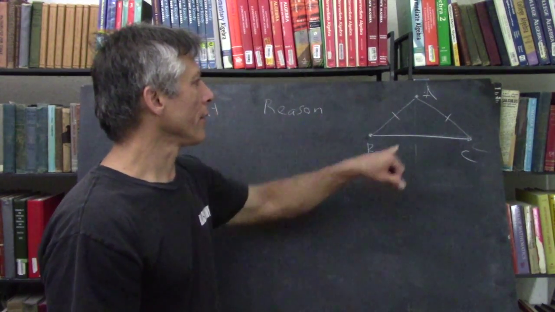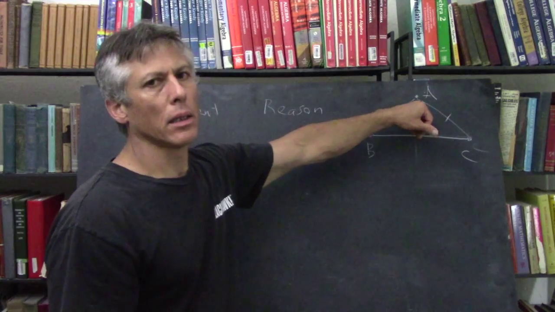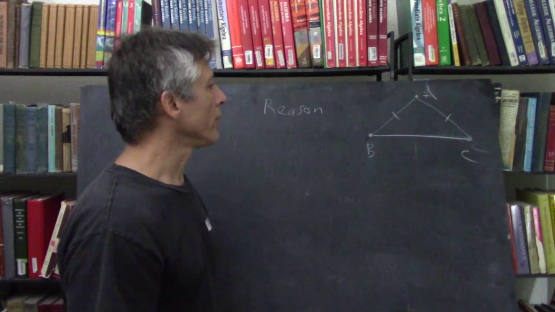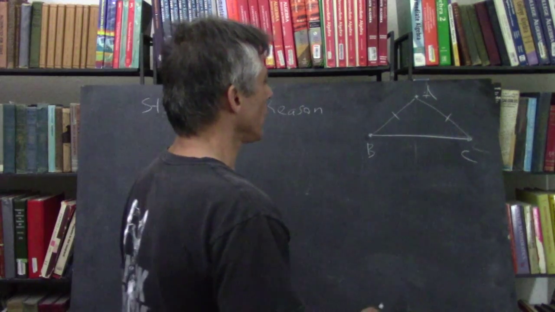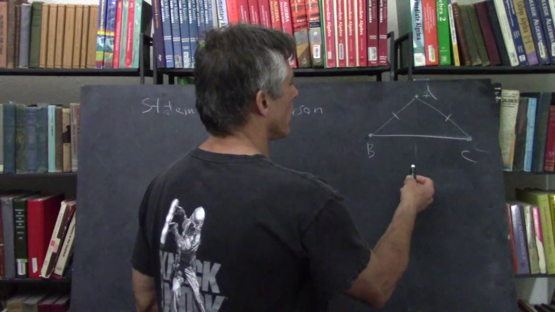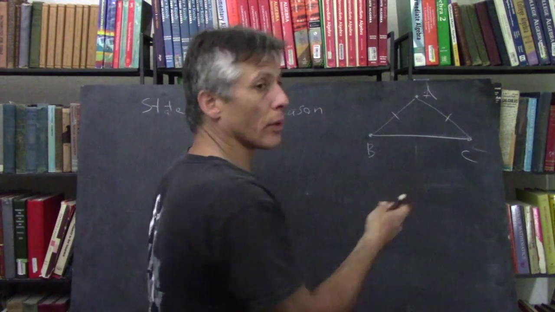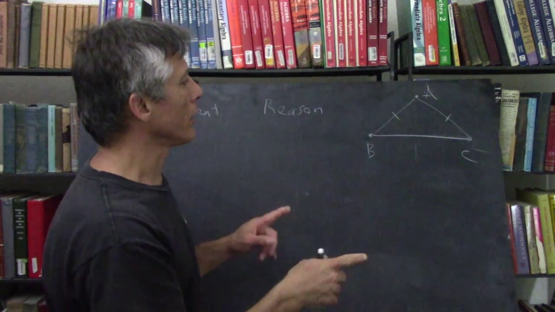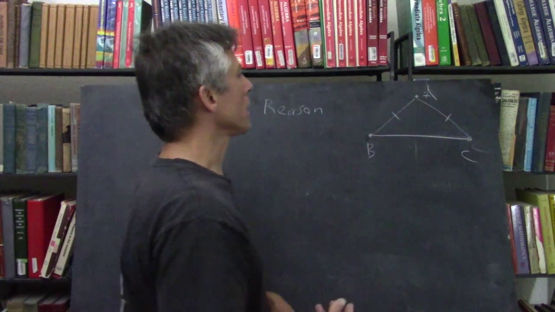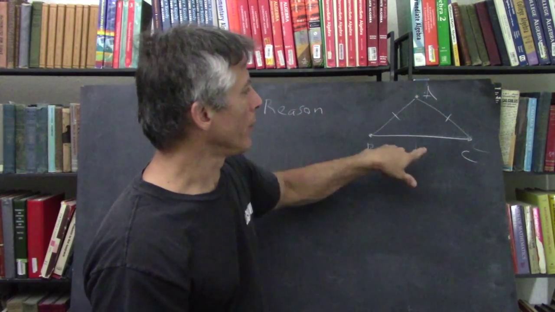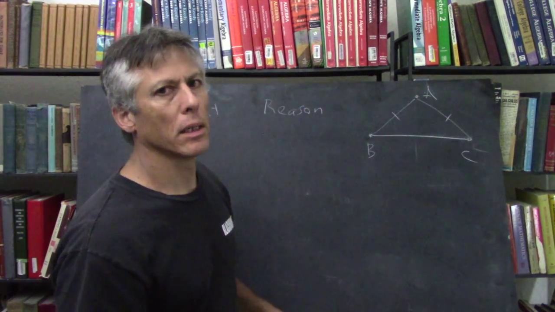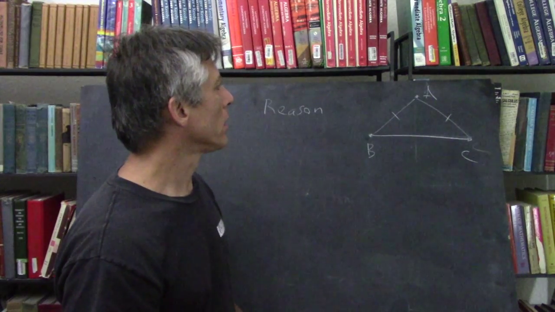Now we want to see if A is on the perpendicular bisector of BC. Now we know that any point on the perpendicular bisector will be equidistant from the endpoints. So let's pretend this is equidistant from B and C, but it's not on the perpendicular bisector.